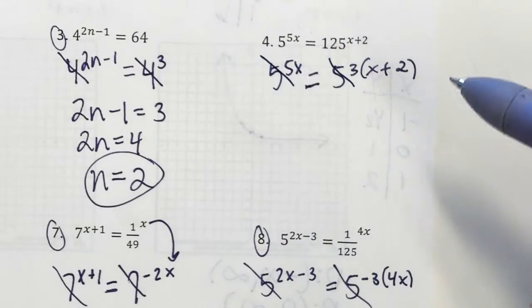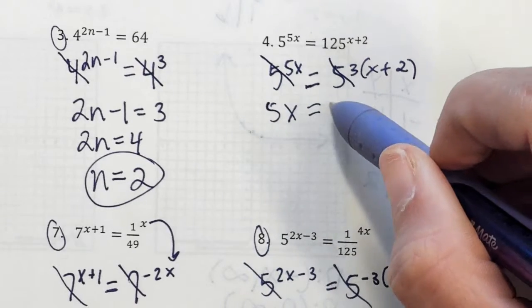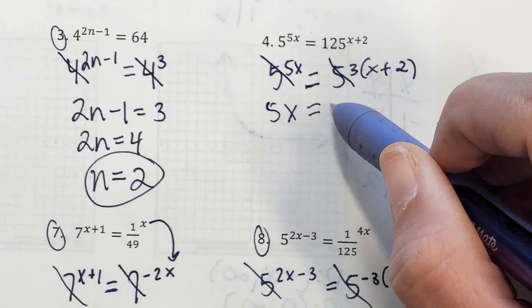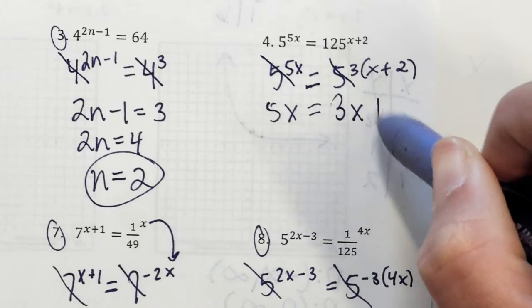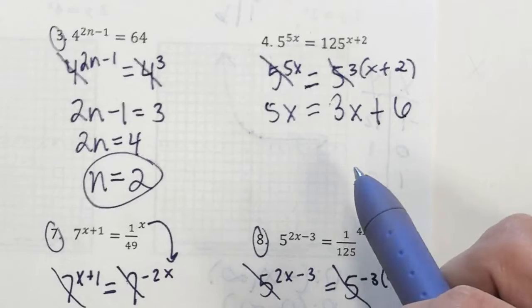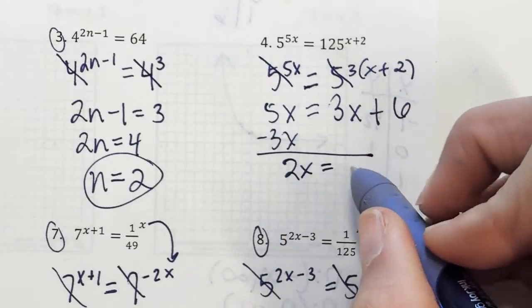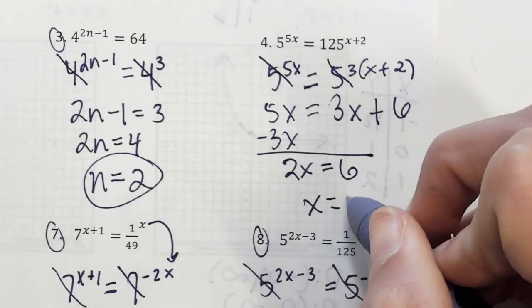And then what? Good. Alright, Daniel, what would I do from here? And that would give me what? Equals. So, x equals? Good.